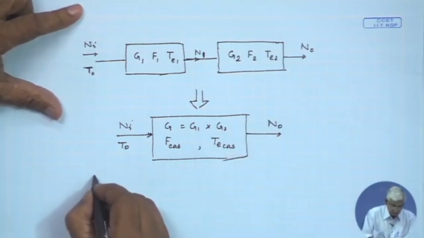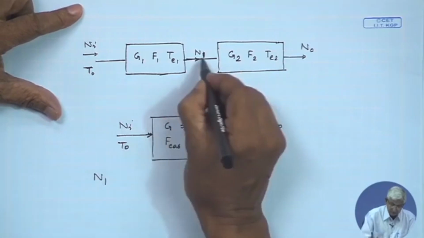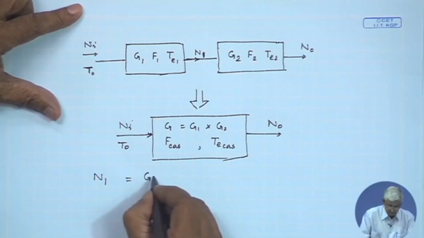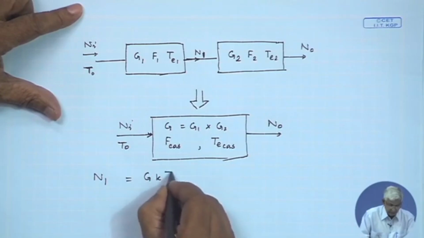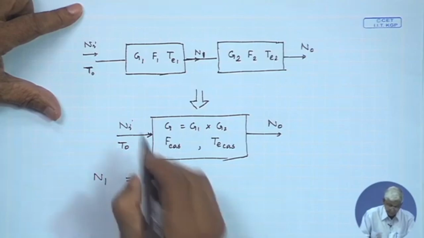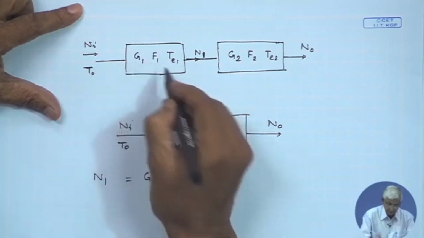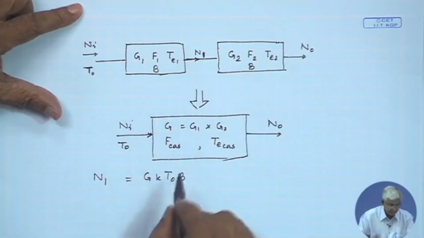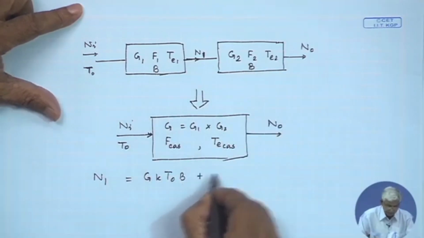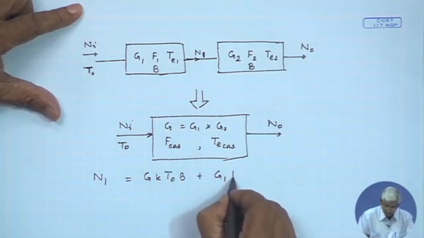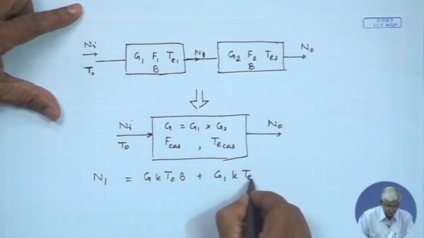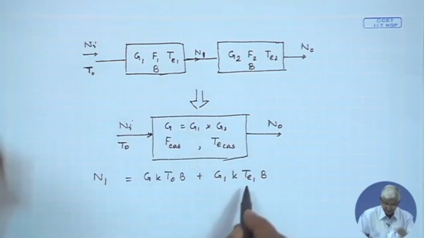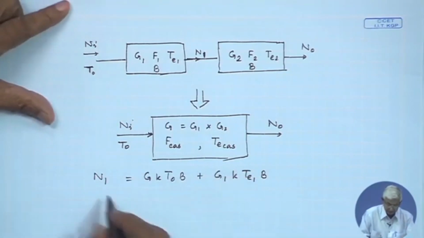So, we can write N1, which is the intermediate stage from the first stage, as G1 into K into T0 B, and of course, both of them have the same bandwidth B, plus G1 into K into TE1 B, its own effective noise temperature added.